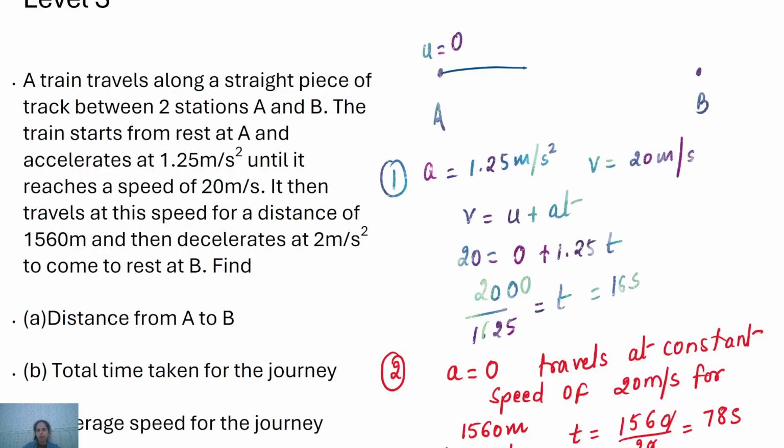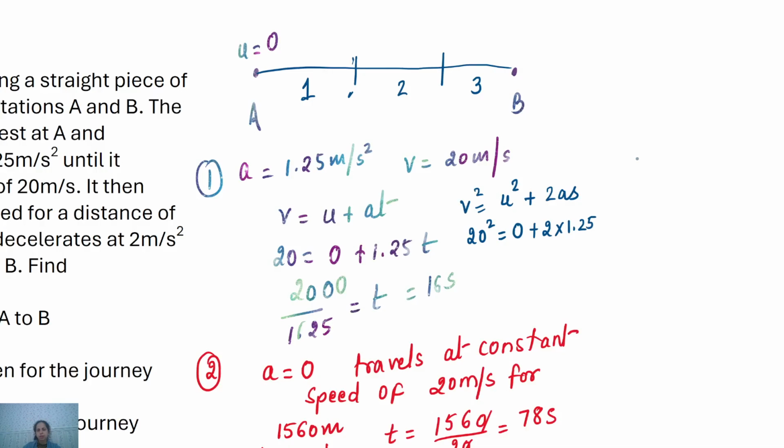Because the first part it was accelerating for 16 seconds, can we calculate the distance? So just writing the first part, the second part, and the third part. Now we're calculating the distance it traveled in the first part. I'm just going to use v squared equals u squared plus 2as. Final speed is 20 squared equals 0 plus 2 times 1.25 times s.